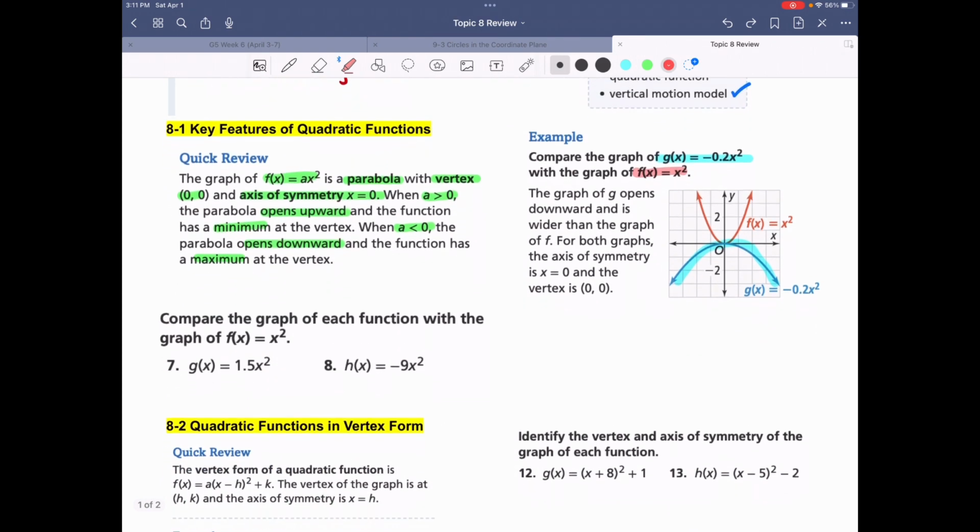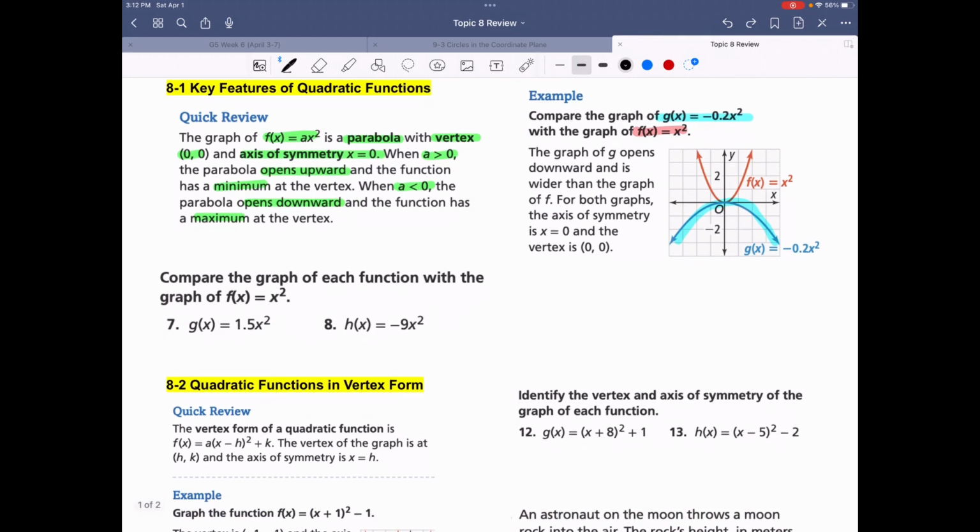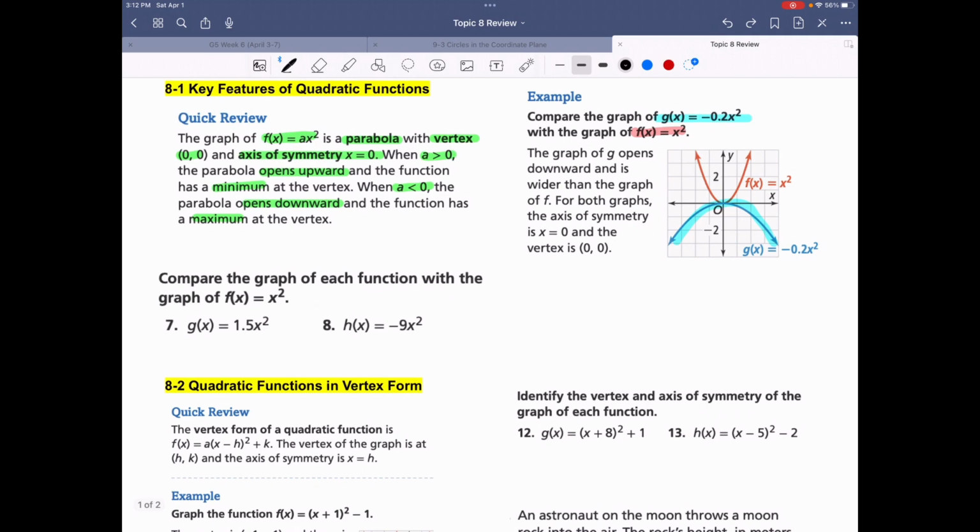Okay, so let's use that example we just talked about to compare this function, g of x equals 1.5 x squared, to the parent function just x squared. So the 1.5 means that it's going to open upward because a is greater than 0.